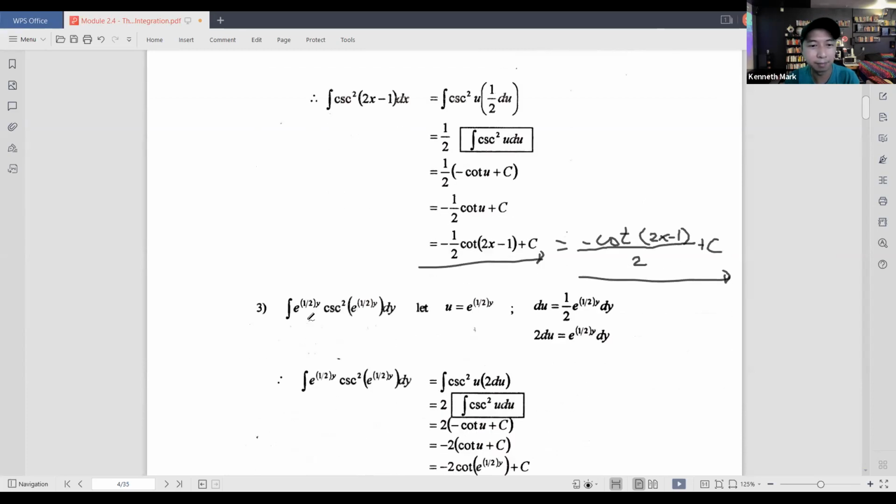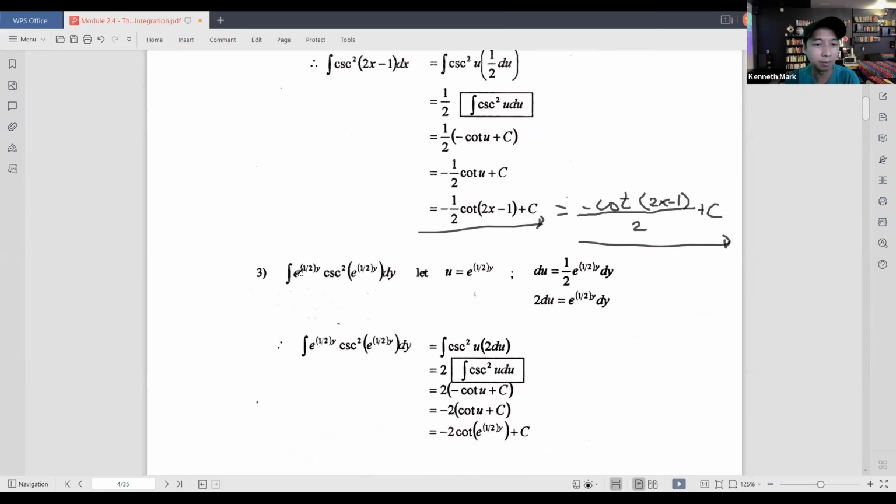How about this one? So we have an e. This is in Euler's form, no? So the integral of e raised to 1/2 y cosecant squared of e raised to 1/2 y quantity dy. So the same process, no? So we left this part as our u.